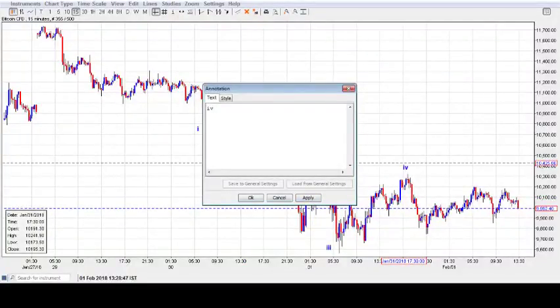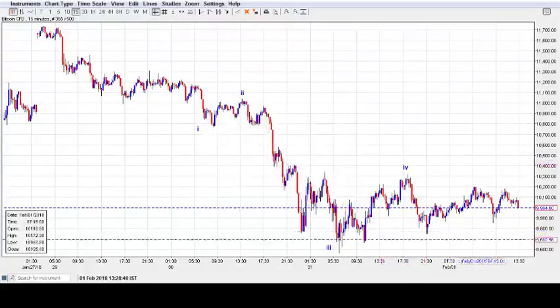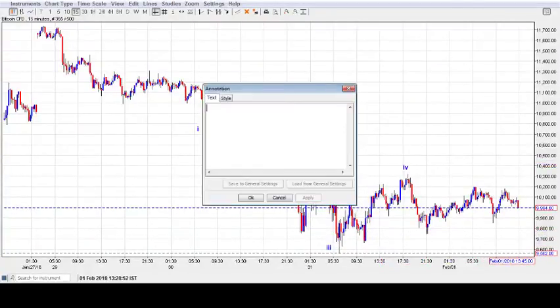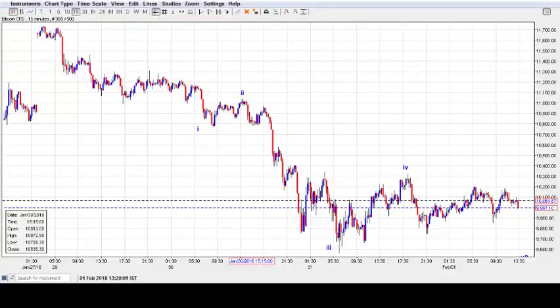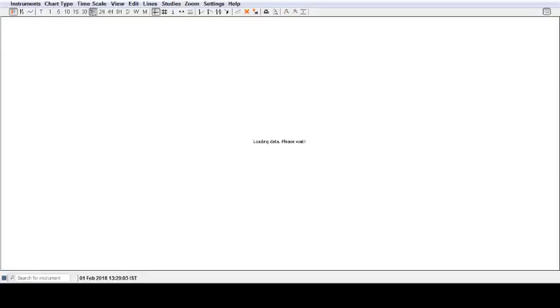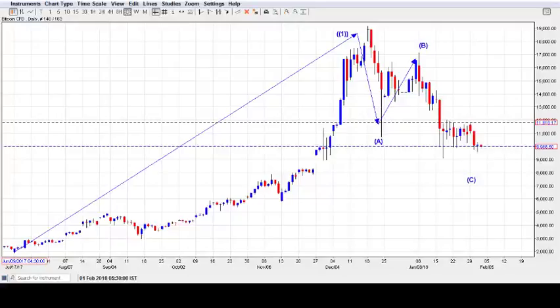So where do we stand right now? If we are not doing this wrong, we are done with wave 4, and the last leg lower, wave 5, would go below 9,500. Right? This is how you normally toggle the time frames or the wave counts, and you work upon the lower degree wave counts.